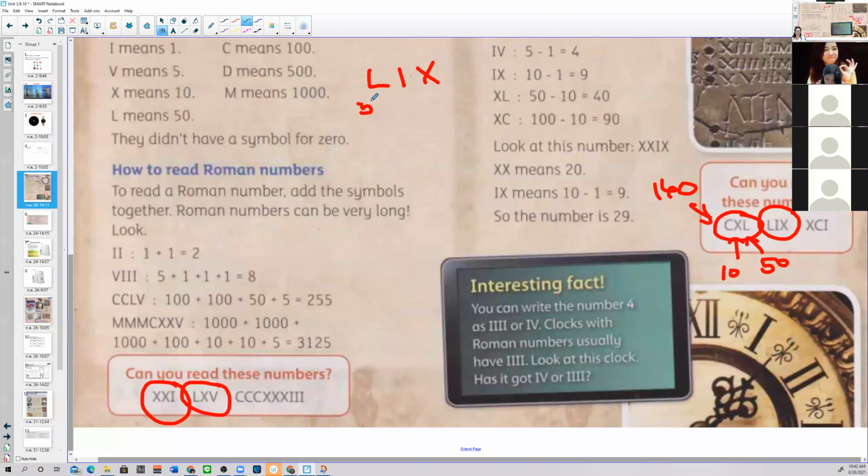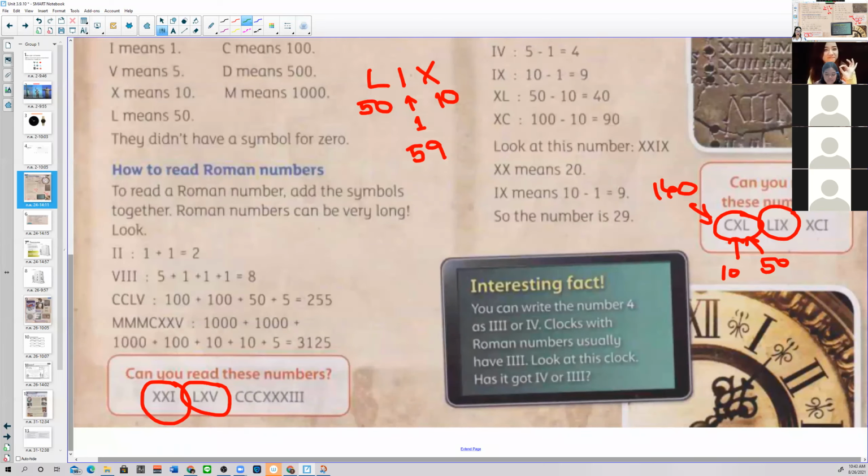L is 50, X is 10, and this is the symbol of 1, and 1 is less than 10, right? They place it in front of it, so you subtract it from 10. You don't subtract it from 50, so it is 59. Do you understand?